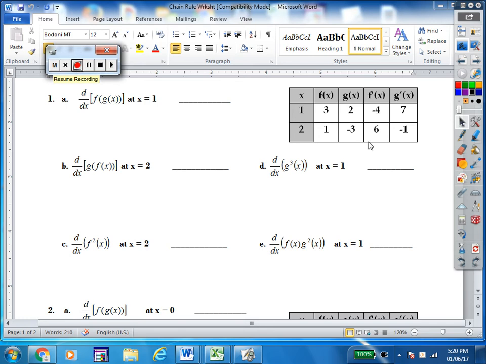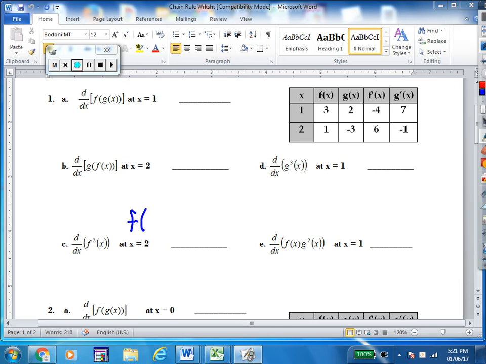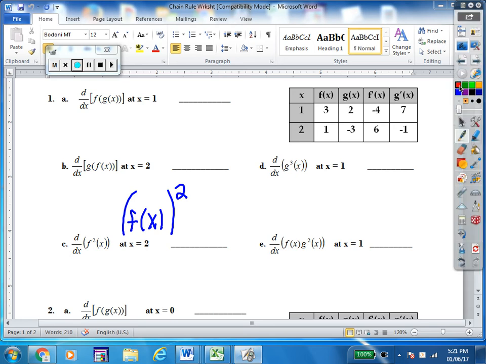And what that really means is that the entire function has been squared. So just like with trig, I kind of like to rewrite this as f of x, and then the whole thing has been squared. So you can now see that the inner function is f, and the outer function is squared. Here's your inner, here's your outer.